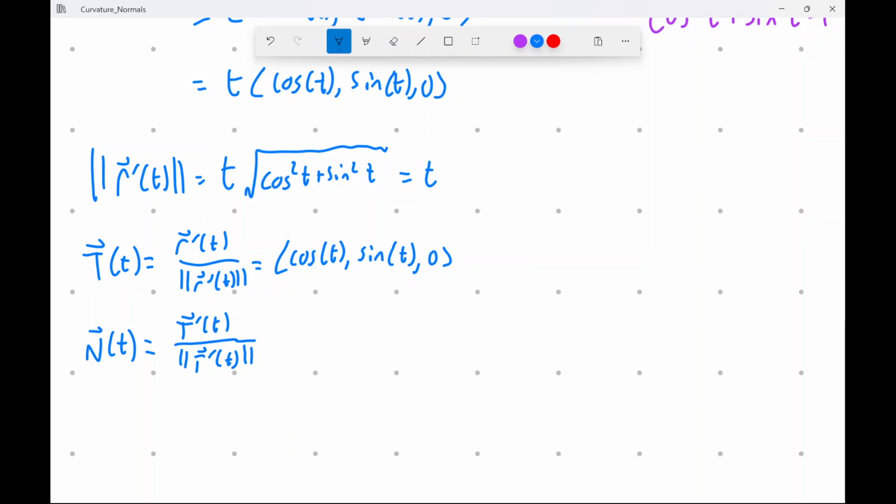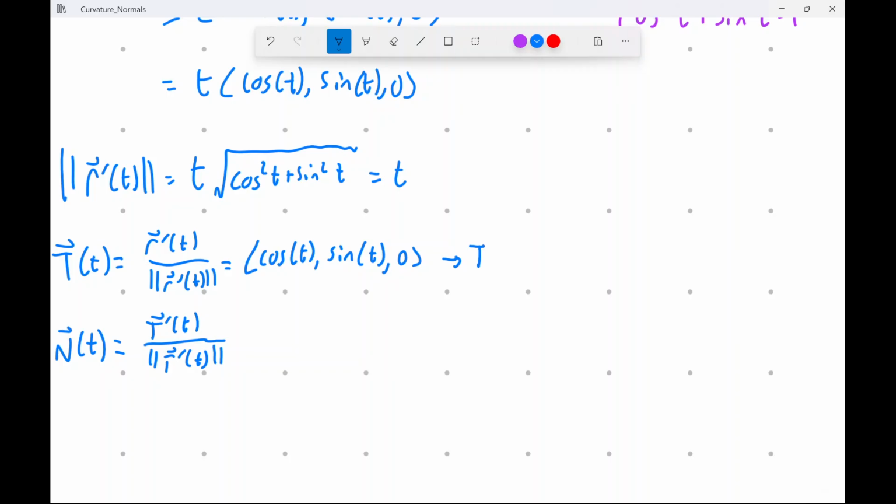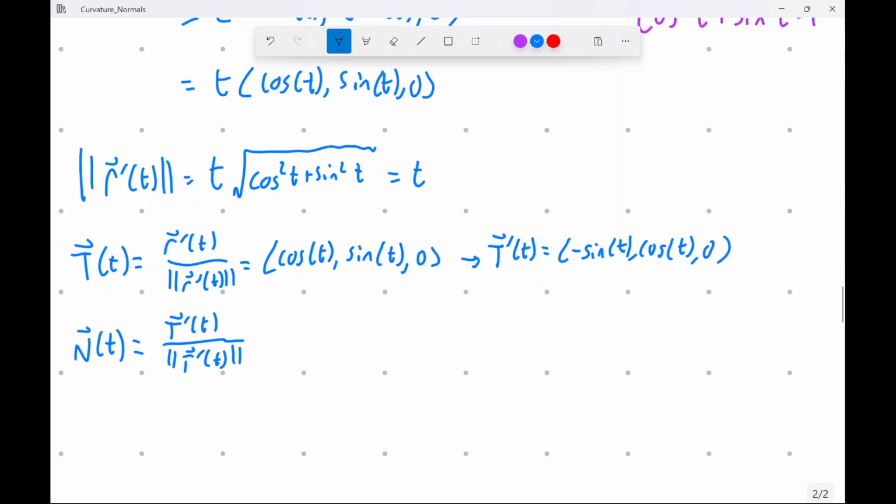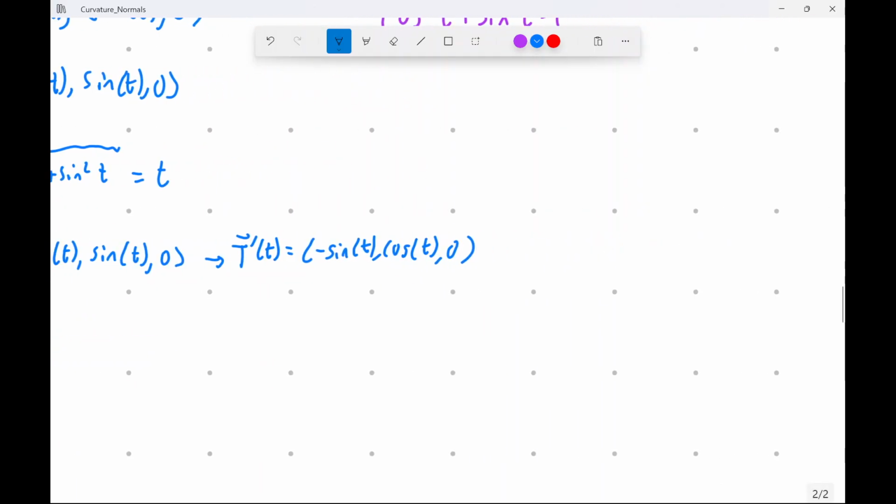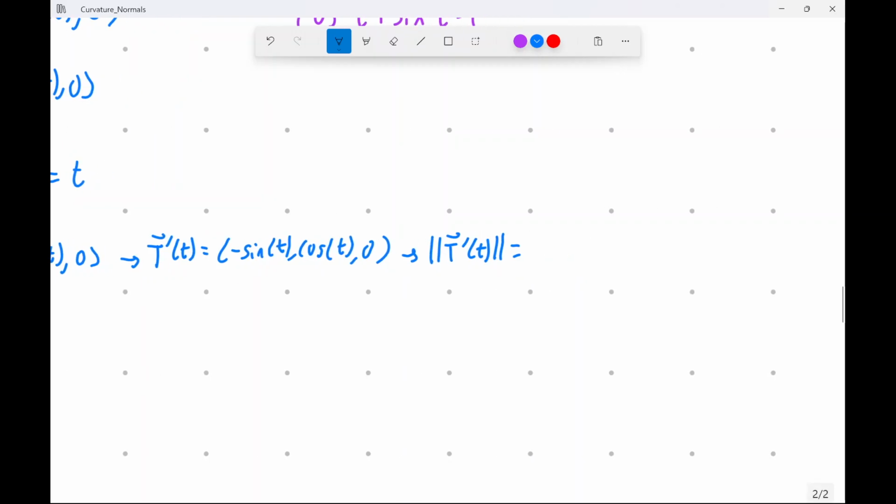So we need to find T prime of t. I'll do that right here. It's relatively straightforward. Negative sine of t, cosine of t, 0. Okay. And so let's do that. I'm going to find the length of this also real quick. Again, it's going to be square root.